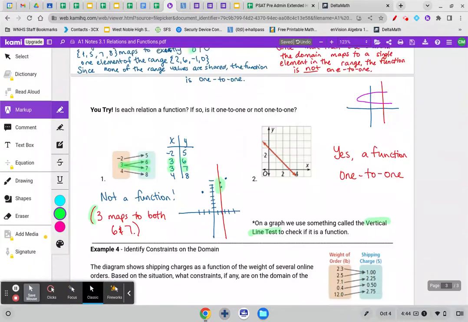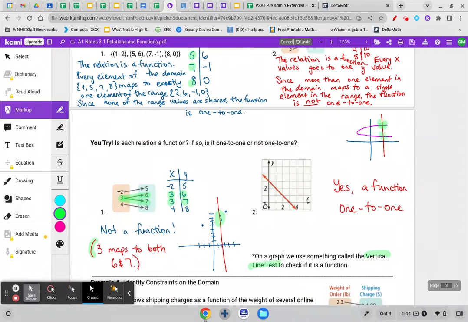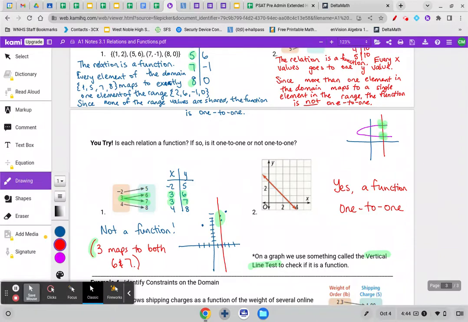So this is not a function. Okay, so that's the difference. That's how you know if it is a function or isn't on a graph.